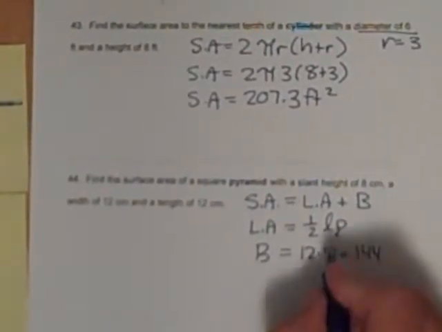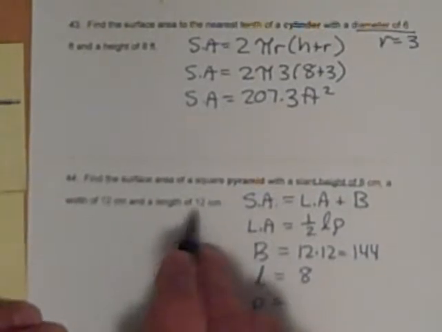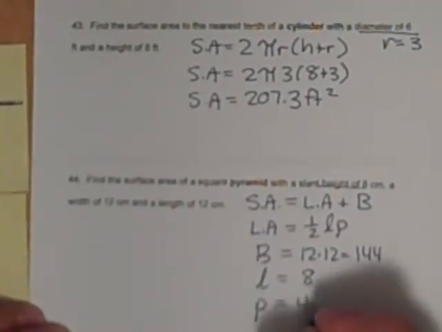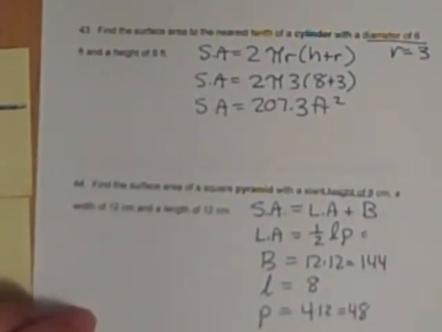Still need to find lateral area. L we're given up here, so L equals 8. Perimeter is going to equal the distance around the pyramid. It's a square pyramid, each length is 12, so perimeter would be 4 times 12, which is 48. So we're going up here, plug this in.